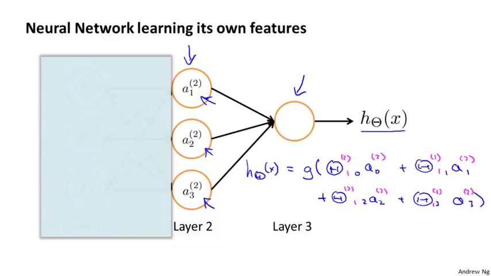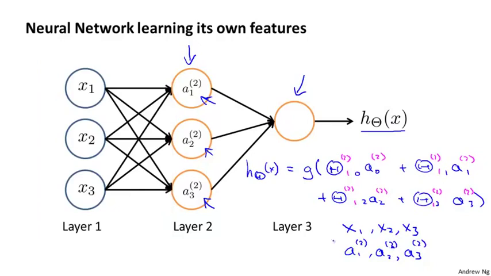Just to say that again, what this neural network is doing is just like logistic regression, except that rather than using the original features x1, x2, x3, it is using these new features a1, a2, a3. Again, I could put the superscripts there to be consistent with the notation. And the cool thing about this is that the features a1, a2, a3 are themselves learned as functions of the input.